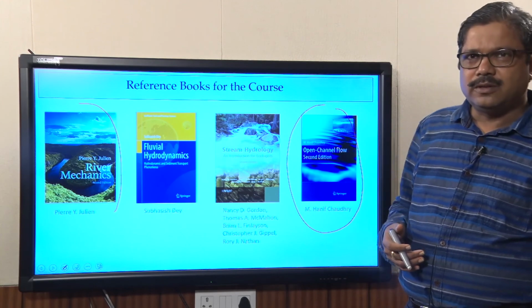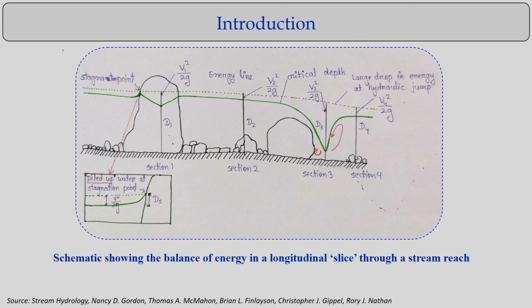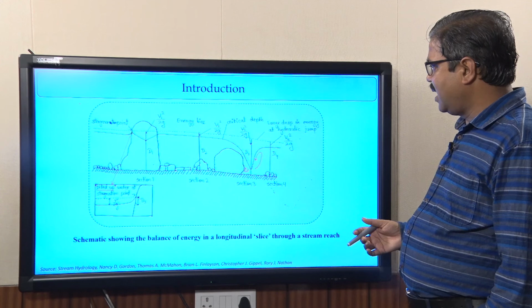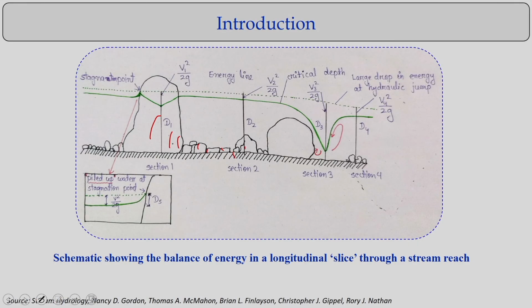Let's go back to the same slide I discussed in the last class. If you look at rivers, where you have hilly rivers and stones or boulders positioned like this, then as we discussed, there will be stagnation points, there will be the critical depth, and there will be hydraulic jump formations.